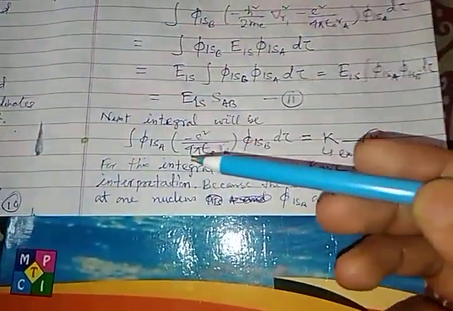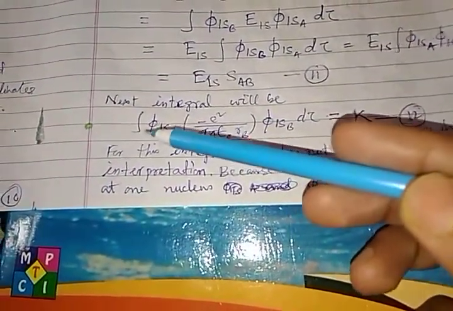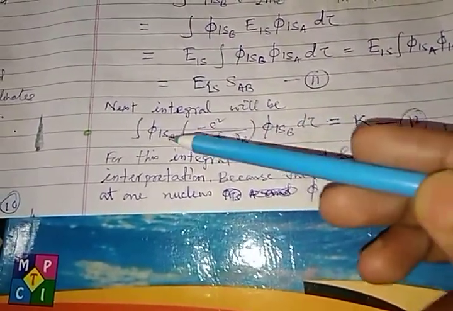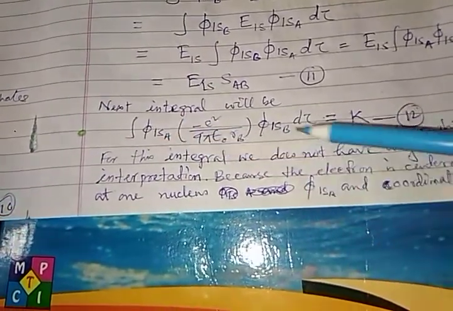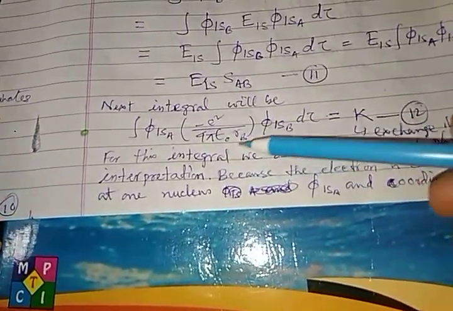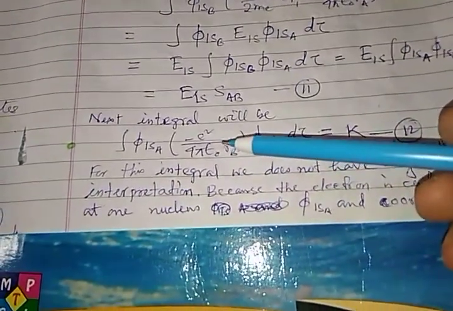Similarly, I can have another integral like this, where in the previous case both phi functions are the same, but in this case I have the a function on the left hand side and the b function on the right hand side of this operator. So what will be the result? The value is 1 by rb. I cannot call this my Coulomb integral.